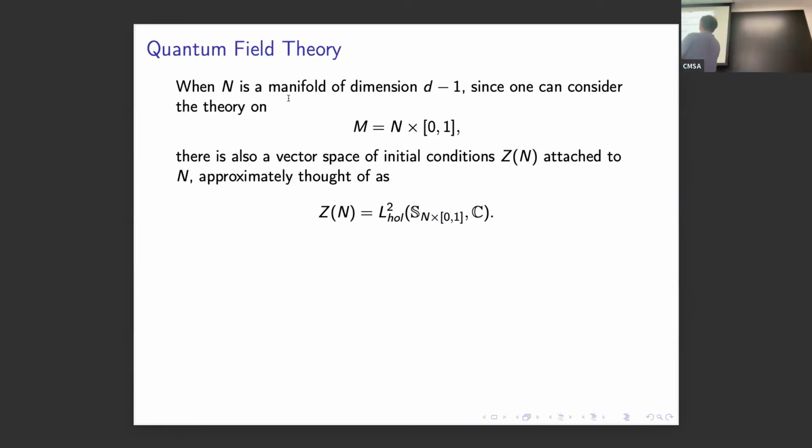I wrote this down because it is a way I like to think about it, which makes it somewhat easier to conceptualize a lot of what goes on, but you don't have to take it seriously. Roughly speaking, these should be functions, holomorphic on the space of initial conditions. There are other kinds of constraints you can put on the space of functions in order to formulate vector spaces.